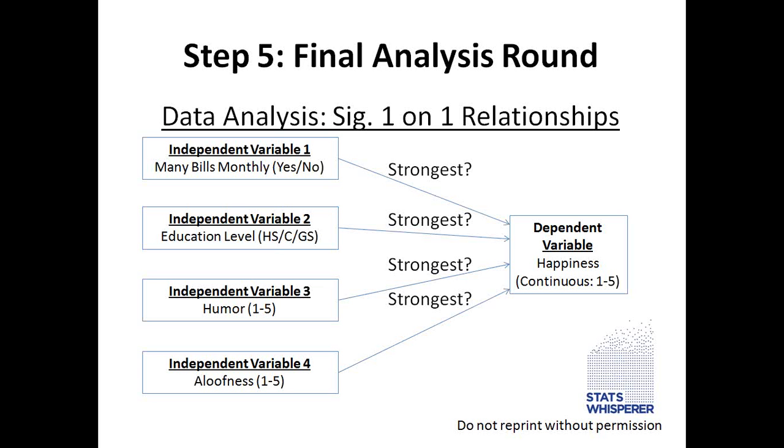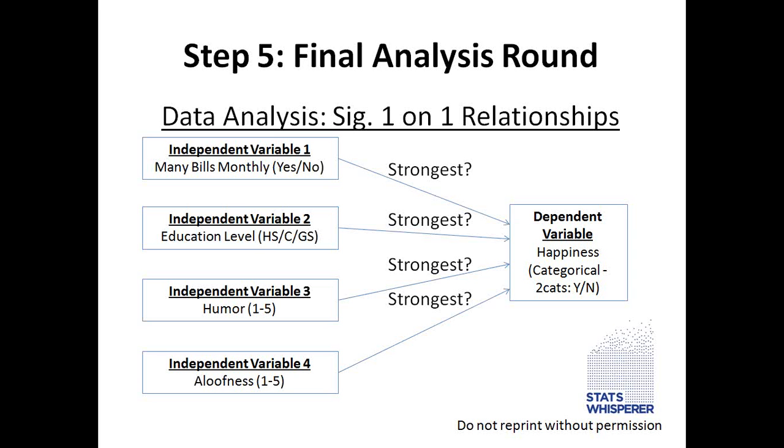So we will be looking at our 3 dependent variables. The first one on this screen is the dependent variable happiness, measured as a continuous variable, 1 to 5. Then next, keep your eye on the dependent variable. The only thing that changed was the dependent variable.